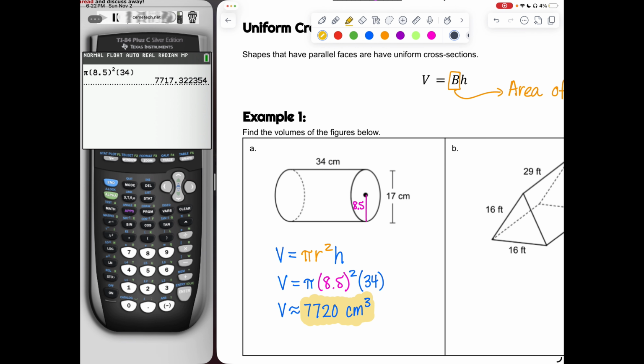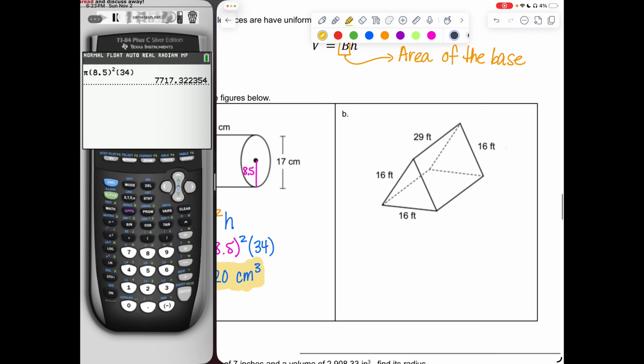All right. If we look at B, we have a triangular prism. So we need to find the area of the base. In order to find the area of this base, which is a triangle, I have to know the height of the triangle. So if I put my height down the middle, I already know that each half of the base of the triangle is going to be 8. And if I want to use that to find the height of the triangle, then I need to use the Pythagorean theorem. So I'm going to have 8 squared plus h squared is equal to 16 squared.